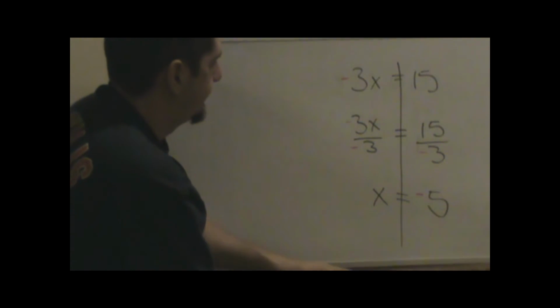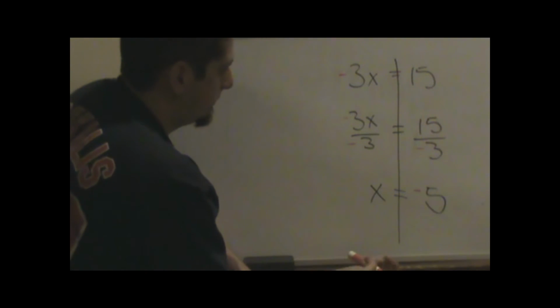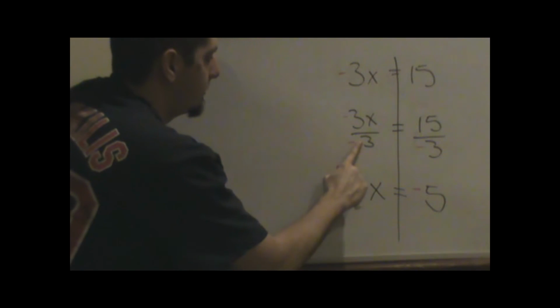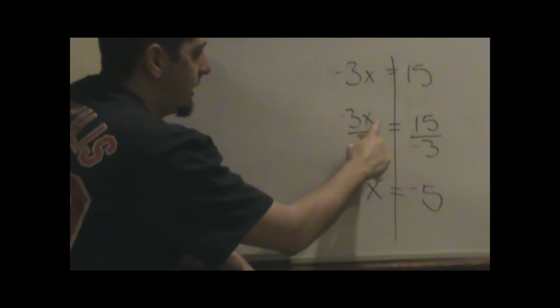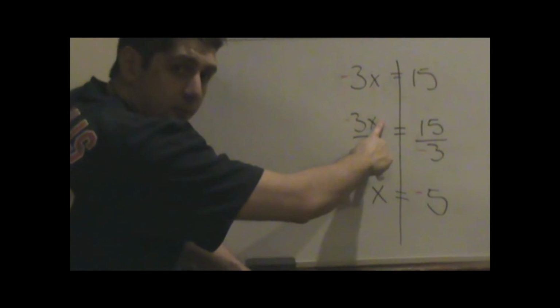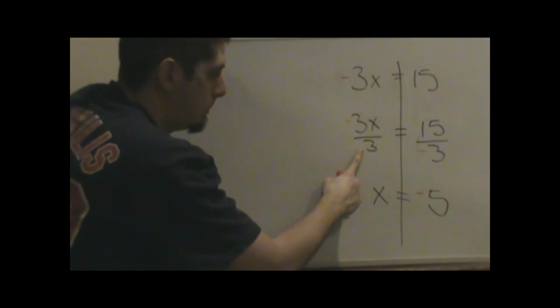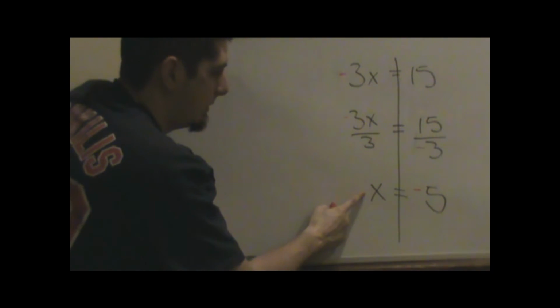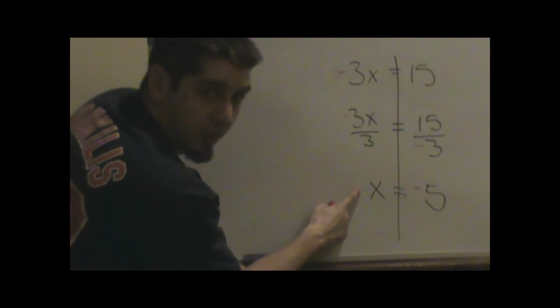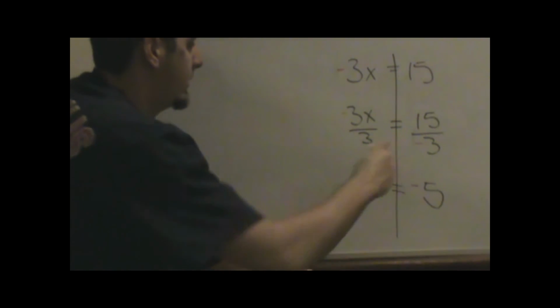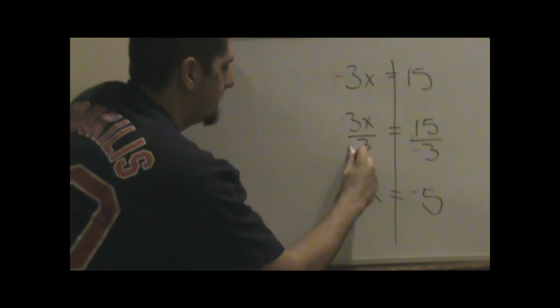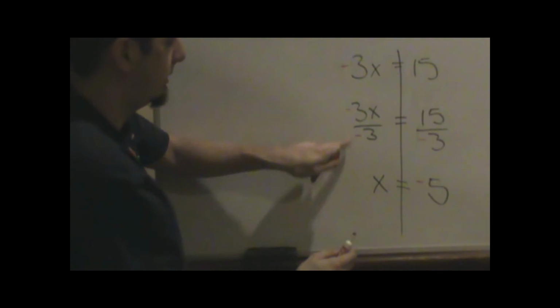Now, if you take a number such as 5 again, if I do negative 3 times positive 5, I get negative 15 for my answer. Divided by a positive 3 would get me a negative 5 or a negative x. I don't want that. By having that negative down there, 2 negatives make a positive.